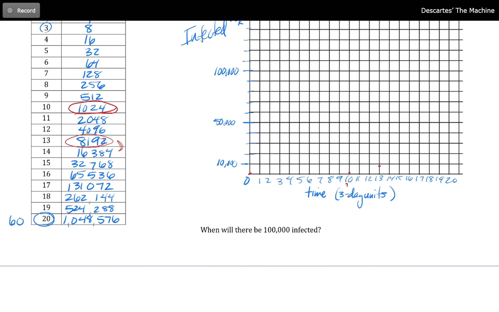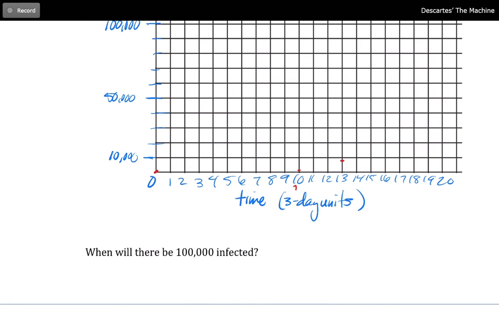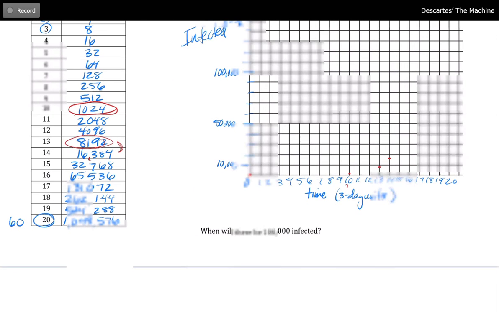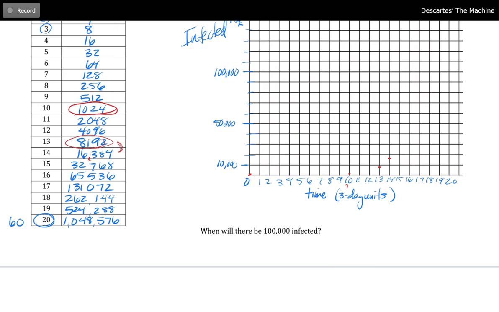Okay, 14. Oh snap! Look at that. 14 is 16,000. If that's 10,000, 20,000, 16,000 is a bit more than halfway right there. And then 15 is 32,000.